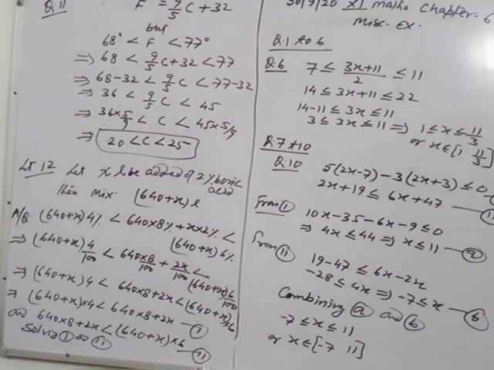Now question number 13 is the same as question number 12, and in question 14 the relation of IQ is given: mental age upon chronological age times 100. Here you have to find the limit of the mental age group. IQ is greater than or equal to 80 and less than or equal to 145.